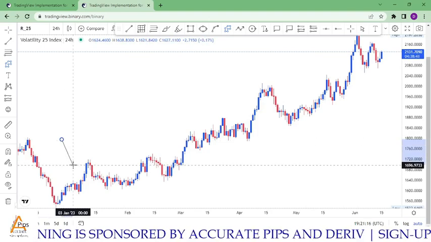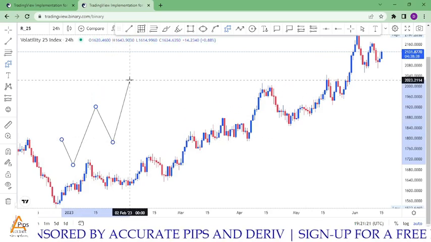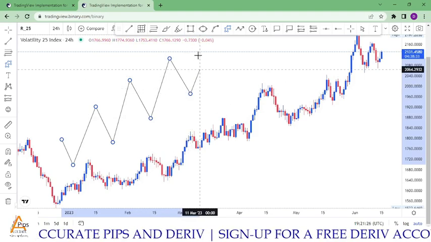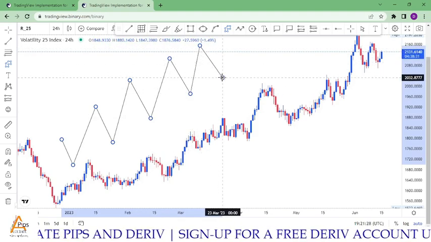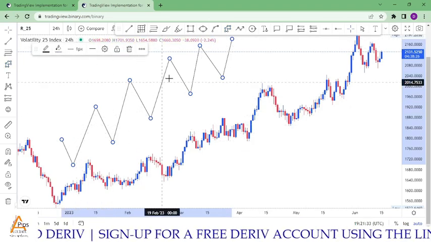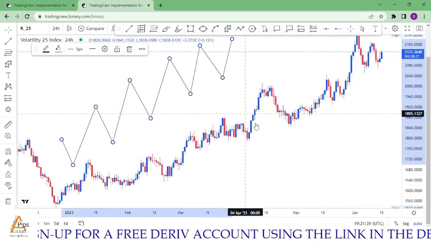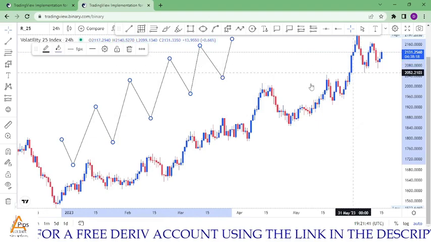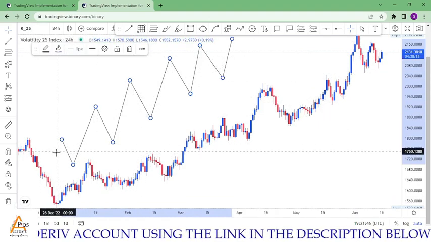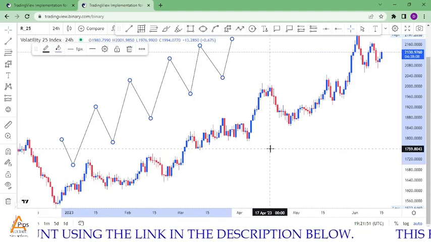A market that is forming this kind of structure is referred to as a bullish market or an uptrend or an upward movement. Based on this illustration, you can see that the movement below the illustration is a bullish movement currently on Vol 25. On Vol 25 we are having what we call the bullish trend.